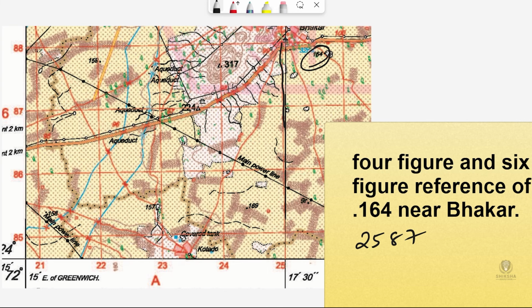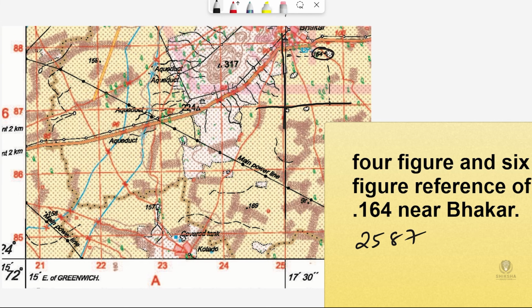So what we can do is divide this segment into 10 divisions. This is our object that we need to find.